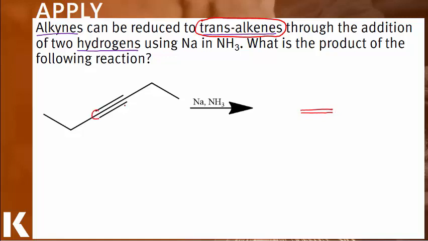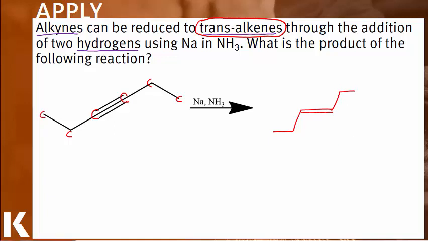If we were to look at each carbon in this triple bond, each carbon has a bond to an ethyl group here. So in our trans product, we would want to have each ethyl group attached to opposite sides of the double bond.